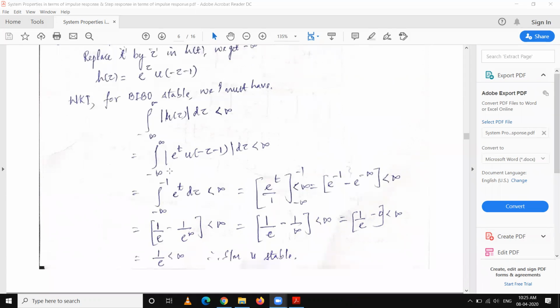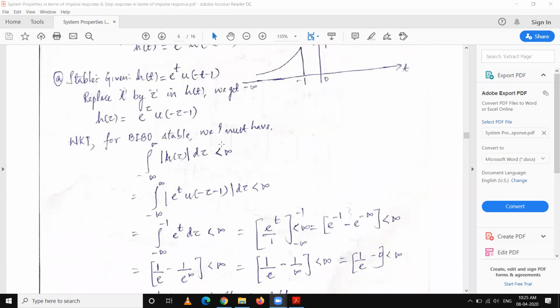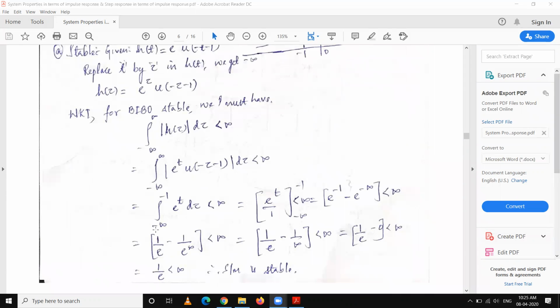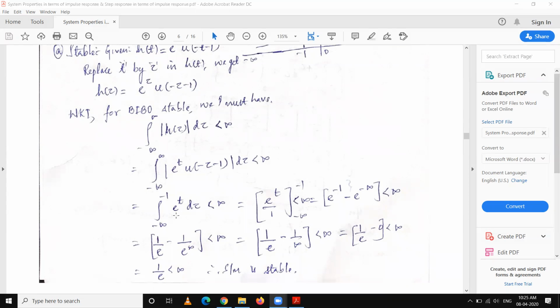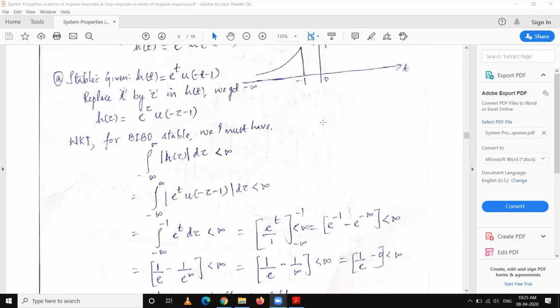Now look at this. It will be from minus infinity to what? Minus 1, because that is the range. The limits are minus infinity to minus 1, because we have to go from left to right, so it is from minus infinity to minus 1, not from minus 1 to minus infinity.